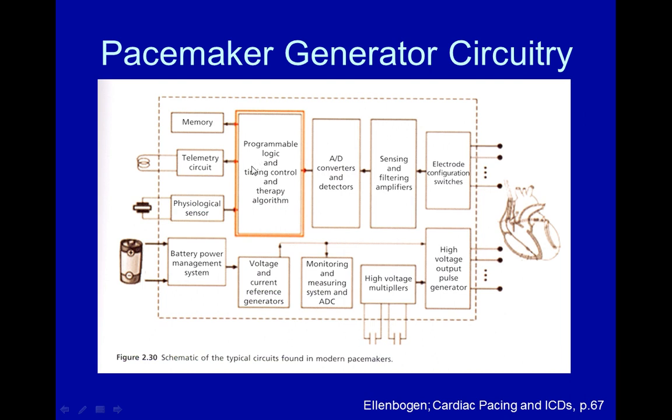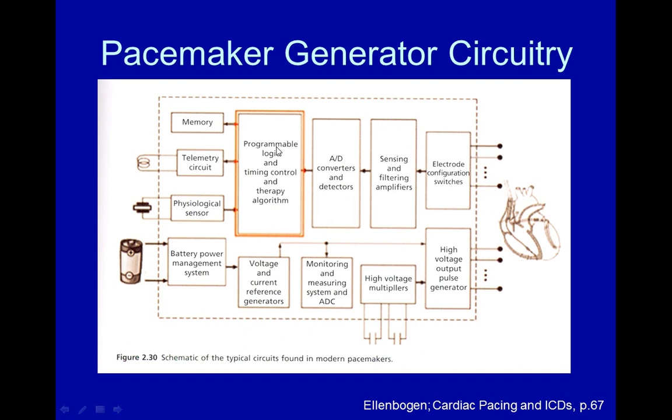Now, if you look closely at the circuitry, there is a command center here, the logic center, the timing control center, all kinds of clocks and all kinds of decision branch points and so on. Basically this command center has to get information from the electrode that's on the heart, and it senses any intrinsic activity in the heart.